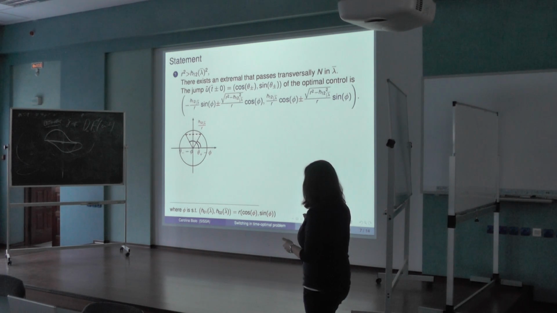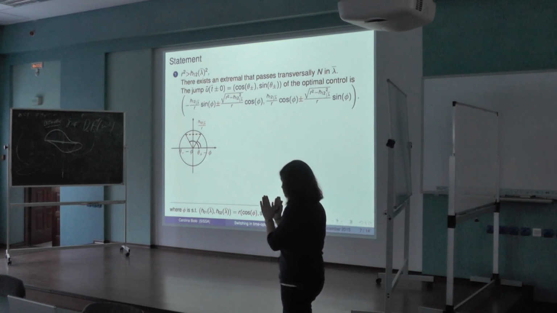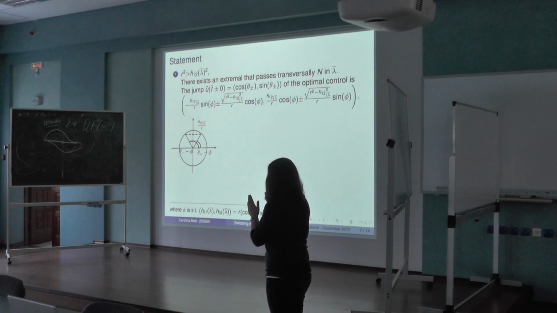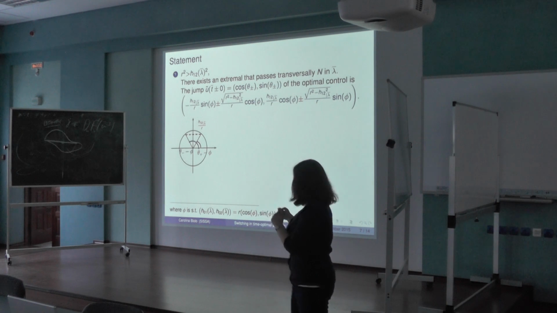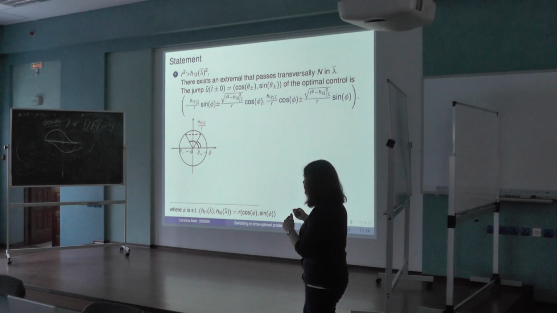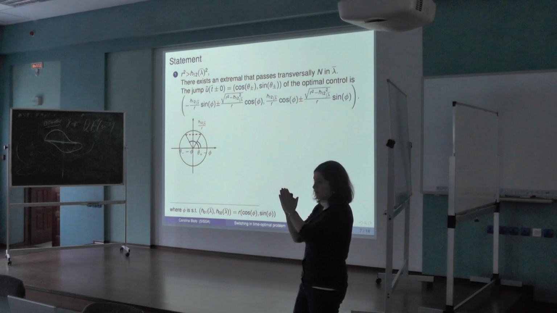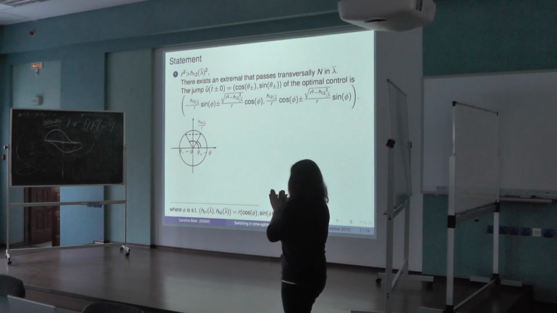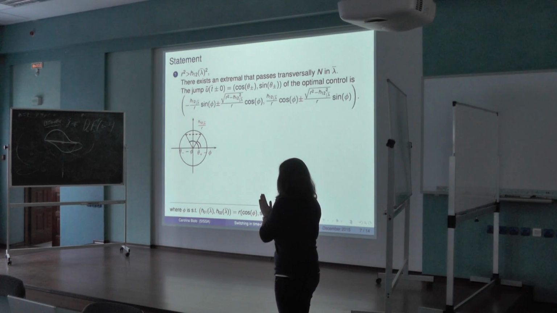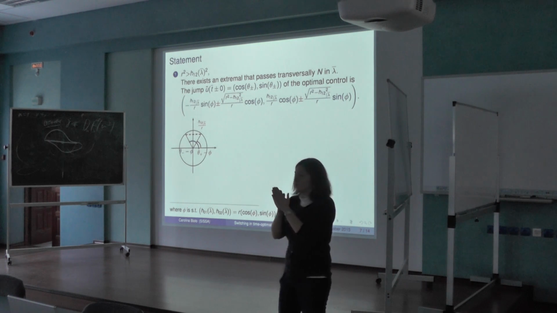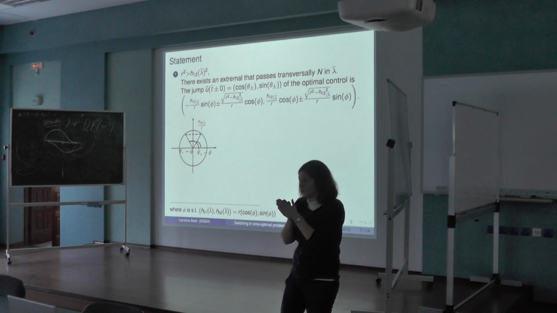And if this inequality becomes more and more like an equality, it means that the jump becomes smaller and smaller. So when this becomes an equality, we no longer have a jump of the control.